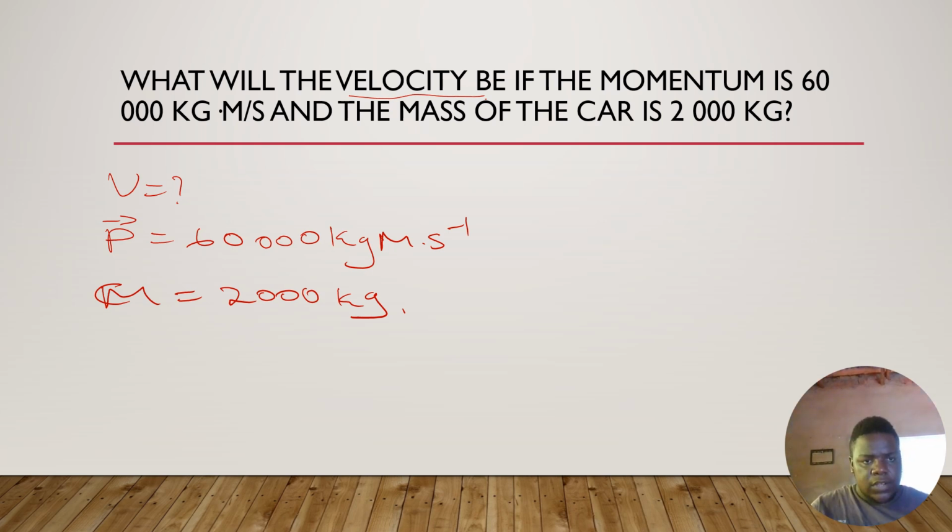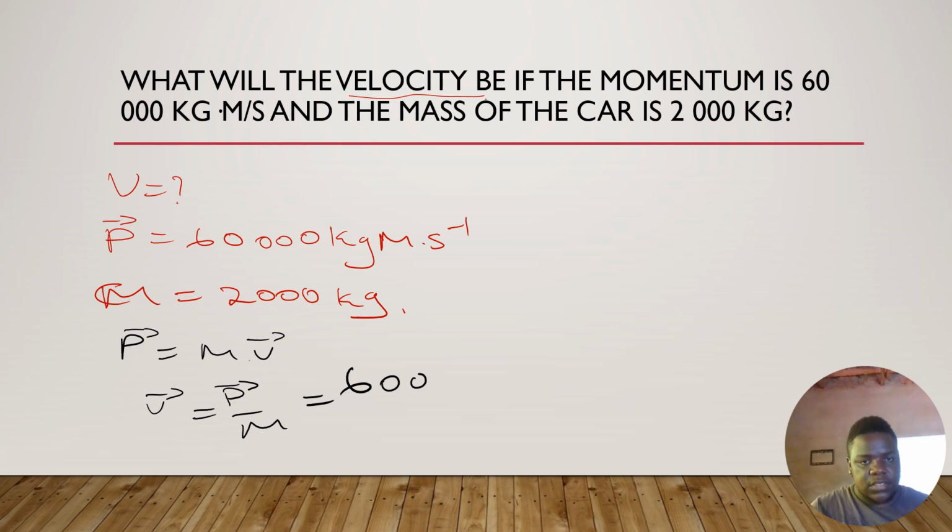According to momentum, momentum is equal to mass times velocity, which means velocity is equal to momentum all over mass. Now your momentum is 60,000 kg meter per second.